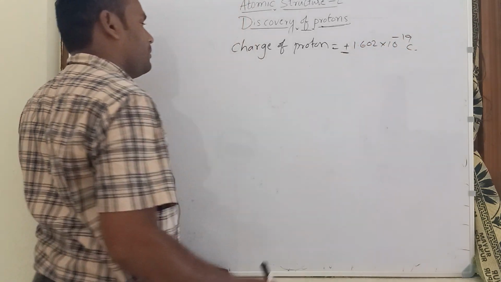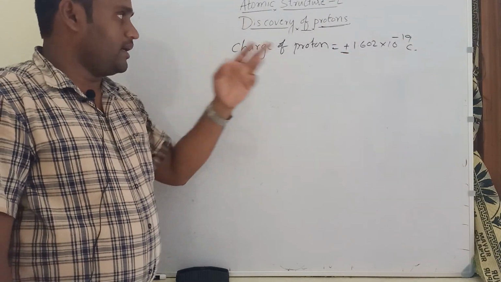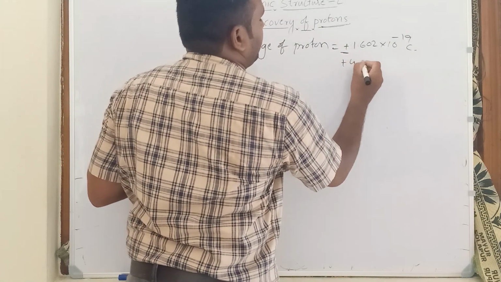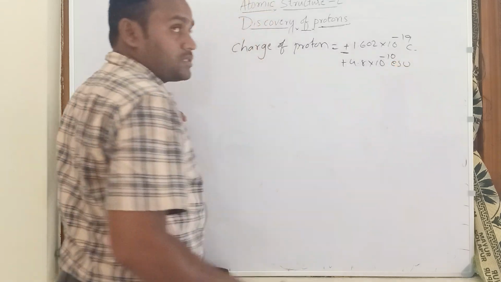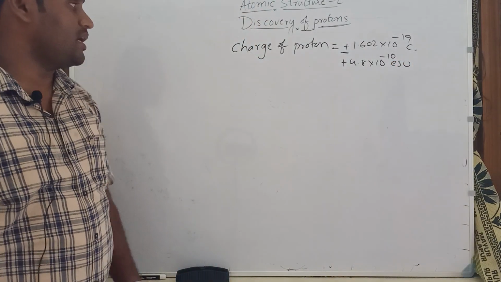This is plus because it has a positive charge, that's why we write the plus sign here. Or plus 4.8 times 10 to the power of minus 10 ESU, where ESU means electrostatic unit.